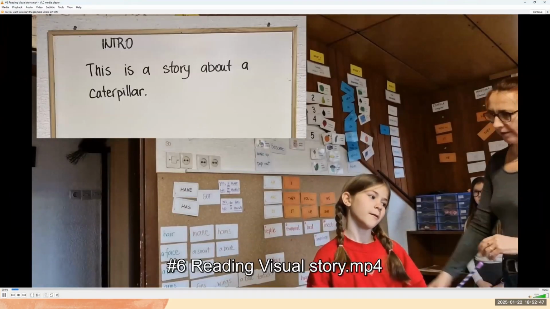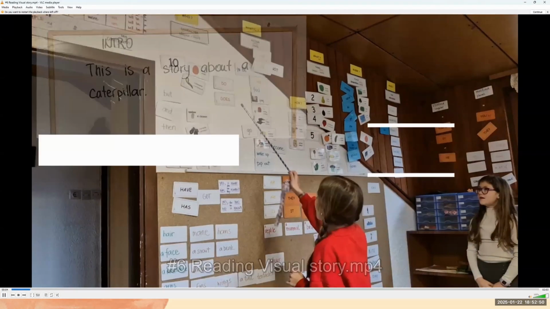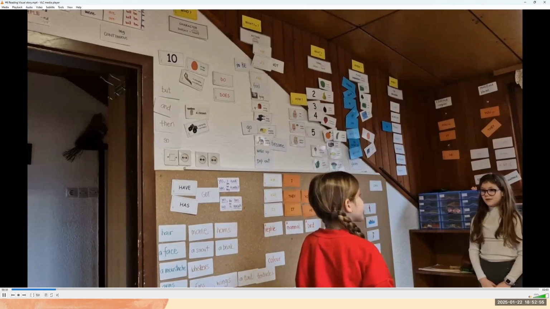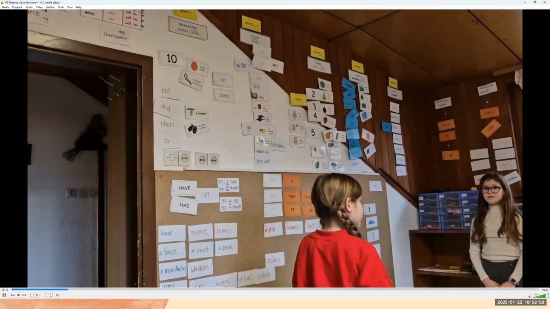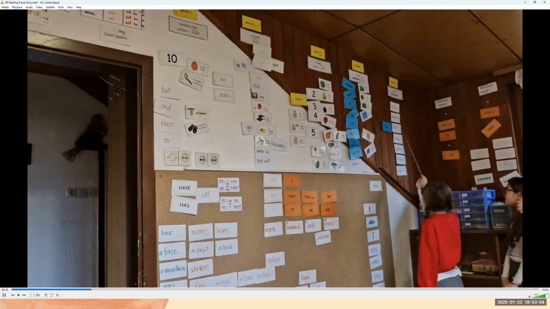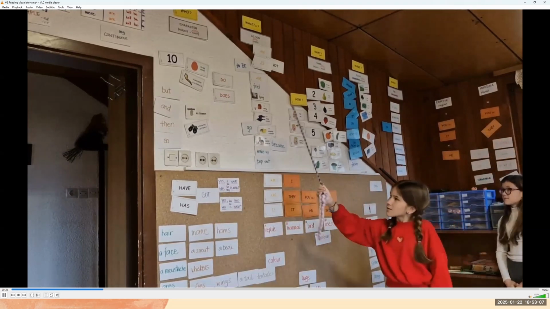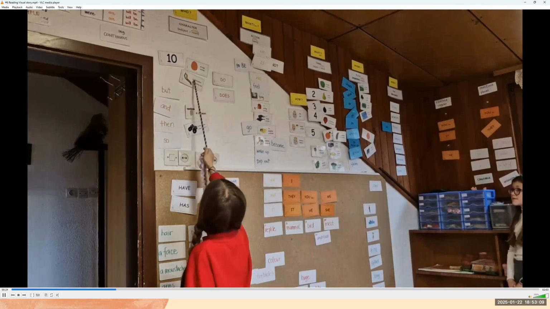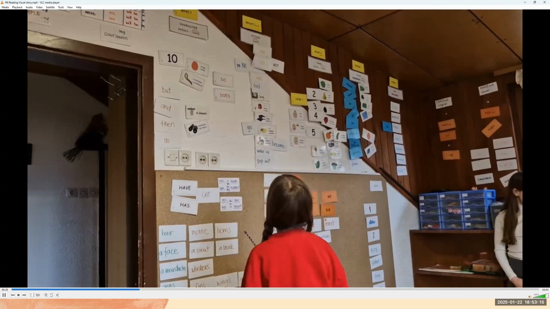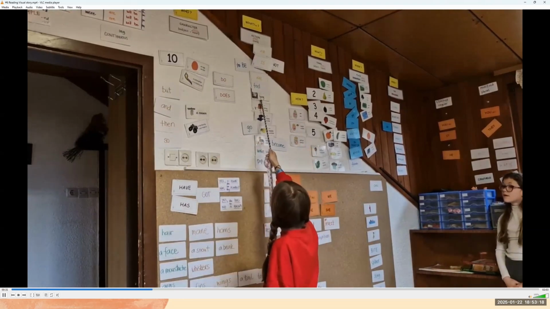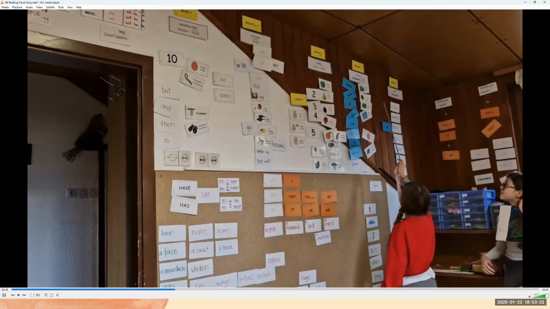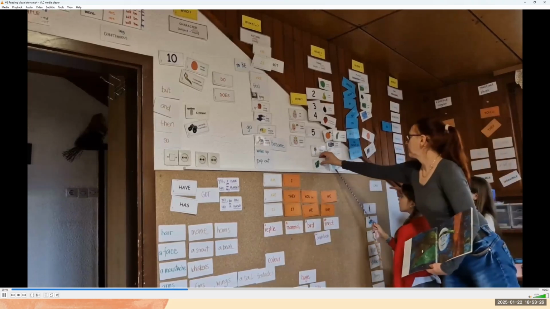This is a story about a caterpillar. If it is the end of the sentence, you say this is a story about a caterpillar. You go down with the voice. About a caterpillar. On Sunday. A caterpillar. We don't have a caterpillar yet. On Sunday, an egg lies where? On the leaf.